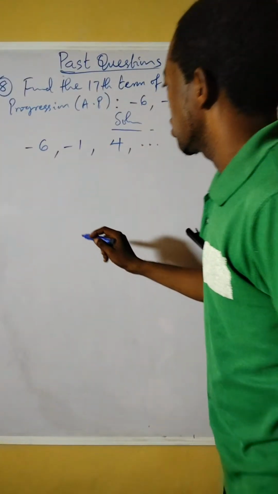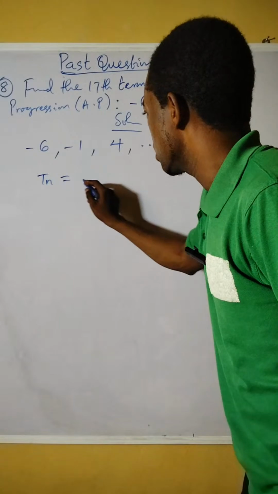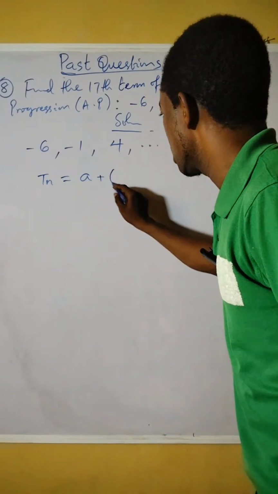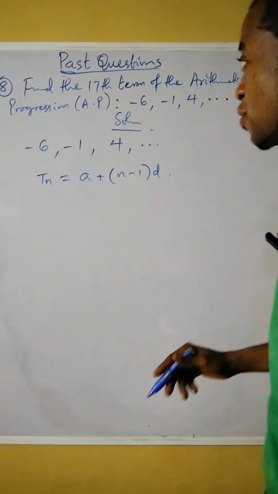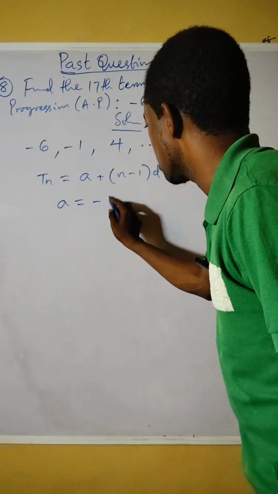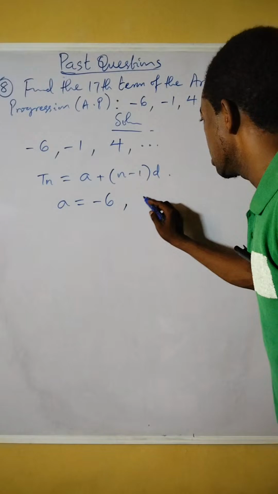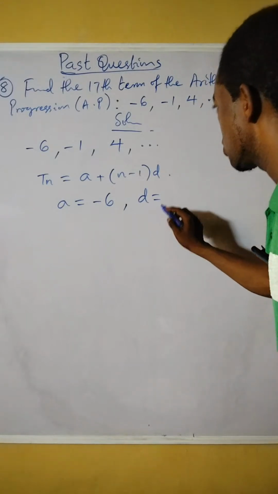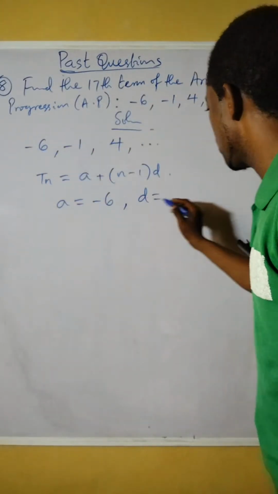Now, for an AP, the nth term Tn has a formula, and that's a plus n minus 1 times d. Here, a stands for the first term, and the first term here is -6. Then d, which is the common difference, is the difference between the second and the first.